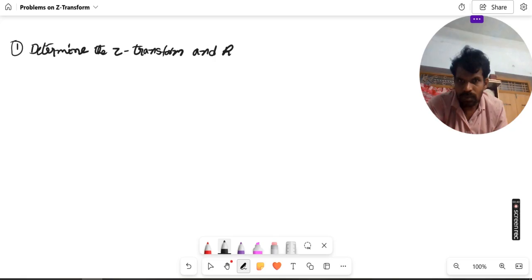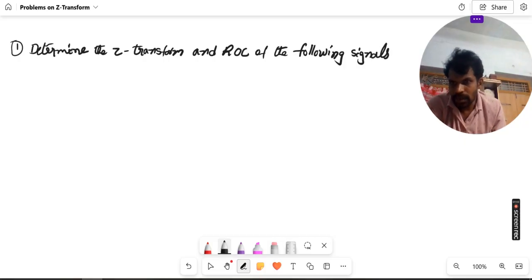As we know that ROC is region of convergence. Okay, ROC of the following signals. So in the first, let us take the signal x of n is equal to 1 by 2 power n into u of n.